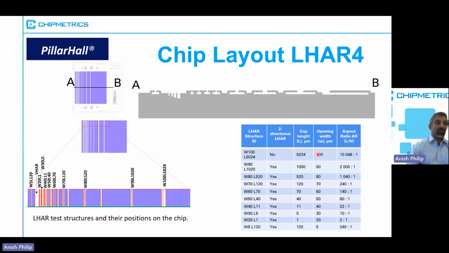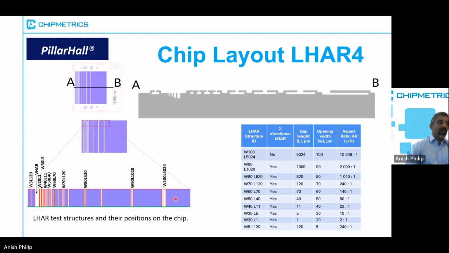And here this width opening is 100 micrometers. So here W100L5024 stands for the opening width, 100, and the cavity length, 5024. Similarly, in this case the opening width is 90 micrometers, and the cavity length is around 1020 micrometers, and it follows like that.